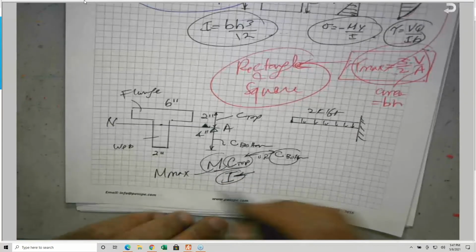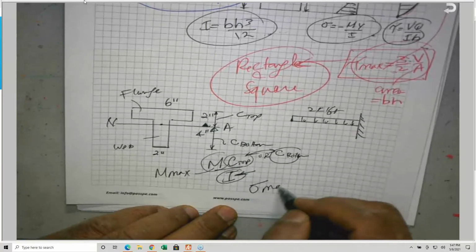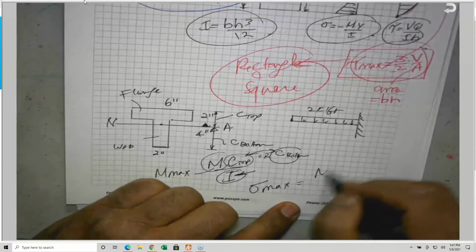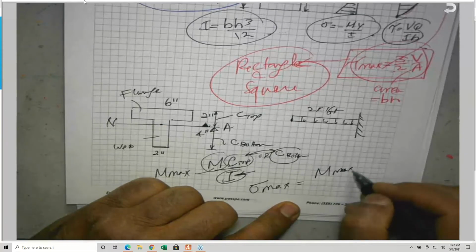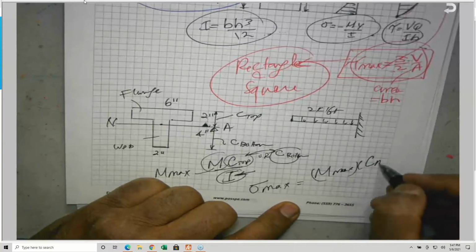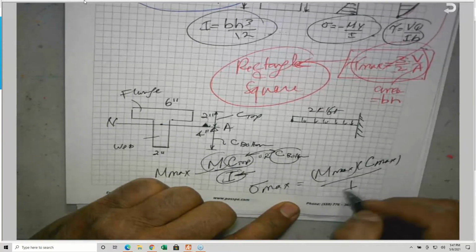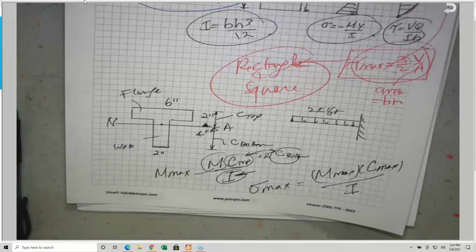So I can write sigma max is equal to Mmax times C max divided by I. I is I. It's only one I. Any given area that exists on Earth has only one I. So far, so good?